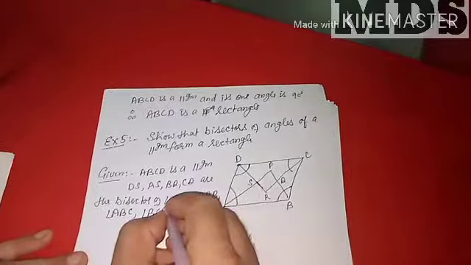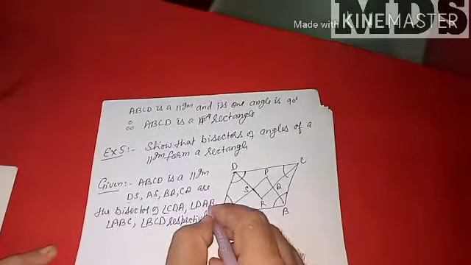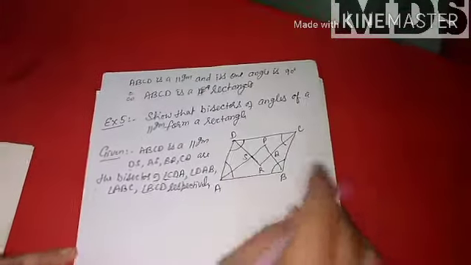Respectively means this is the bisector of this angle, this is the bisector of this angle, this is the bisector of this angle, and the fourth one is the bisector of this angle.